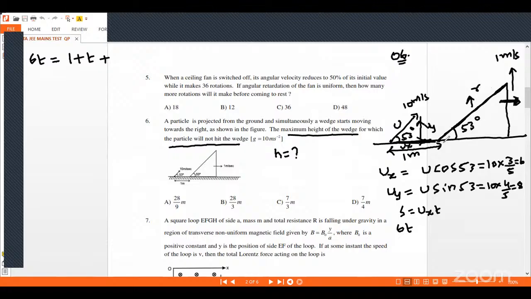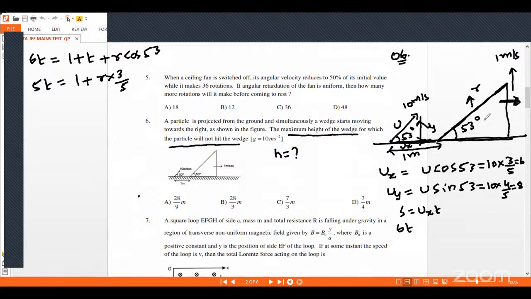Along this path, the x component means r cos 53. That is, 6t equals 1 plus t plus r into 3 by 5. This is along the x direction.